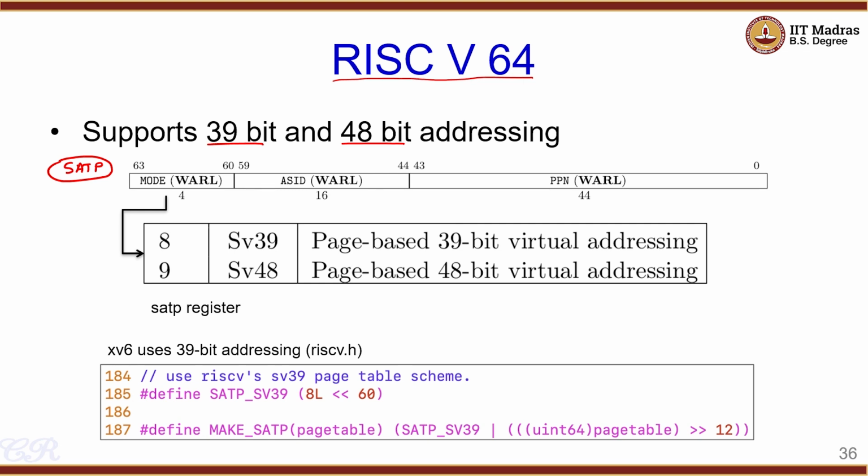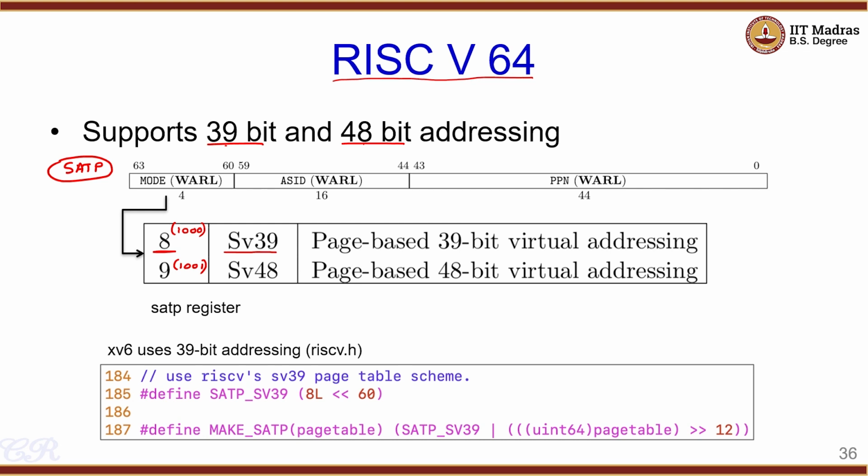So, the mode of the SATP register tells you whether you're doing 39-bit addressing or the 48-bit addressing, right. So, if it is set to a value of 8, 8 is essentially 1000, it means that your processor is operating with addresses of 39 bits. Right. If your mode is set to 9, it means that your processor is operating with a 48-bit addressing, right.